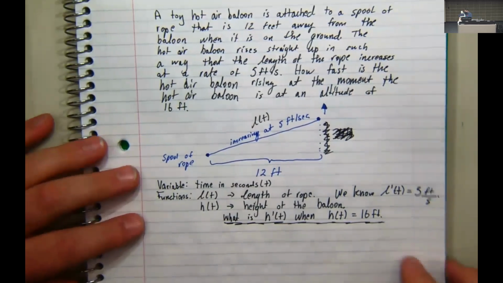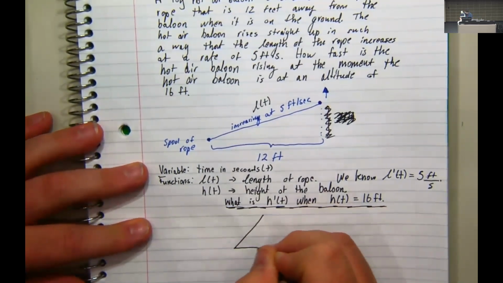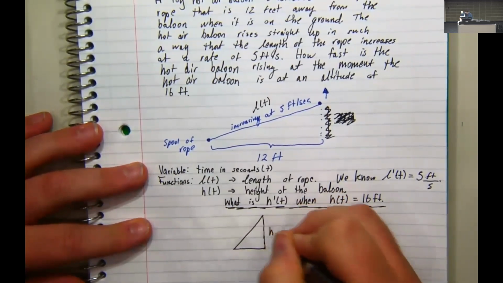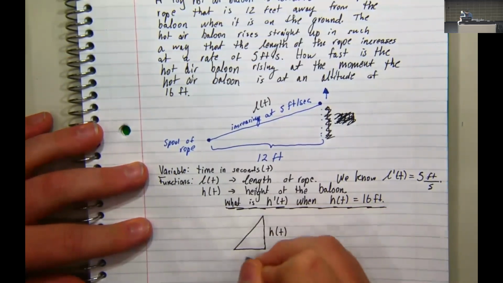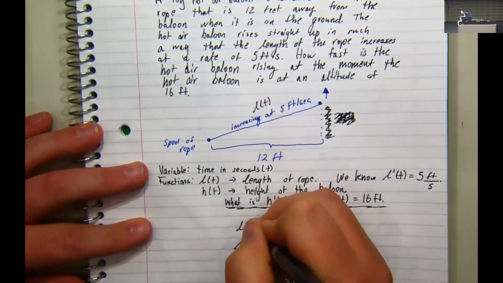Okay, so those are our givens. And so we can draw this out as another triangle. So we have h of t, 12, because this remains constant, and L of t.